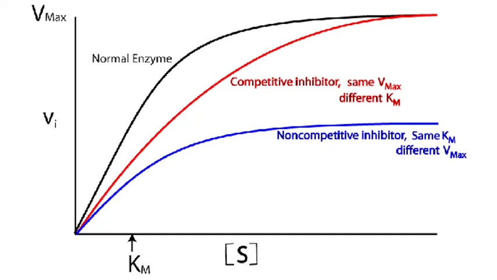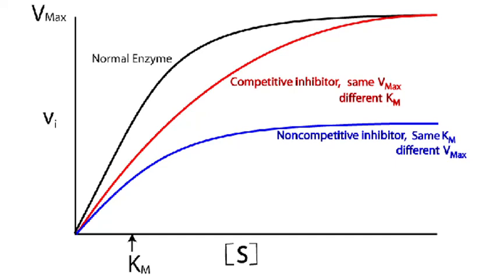That means increasing the substrate concentration can overcome the inhibition. In non-competitive inhibition, like with febuxostat, the inhibitor binds to a different part of the enzyme, not the active site. As a result, increasing the substrate concentration won't overcome the inhibition. It effectively reduces the enzyme's overall activity no matter how much substrate is present.